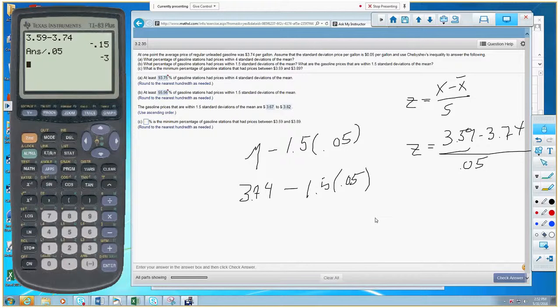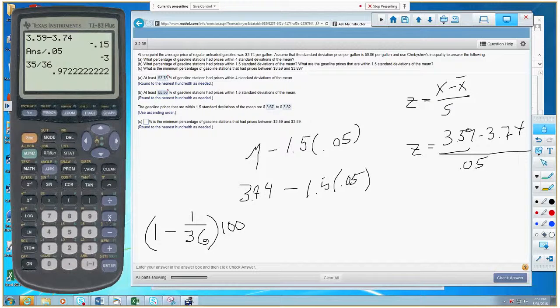So if you wanted to find that percentage, that would be 1 minus 1 over 36 for 6 standard deviations, 6 squared, times 100. So 1 over 36 is 35 over 36. So we take our 35 divided by 36, and multiply that by 100.